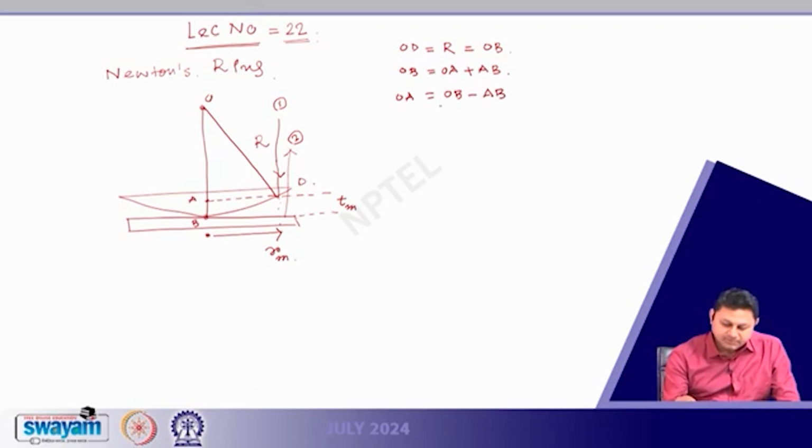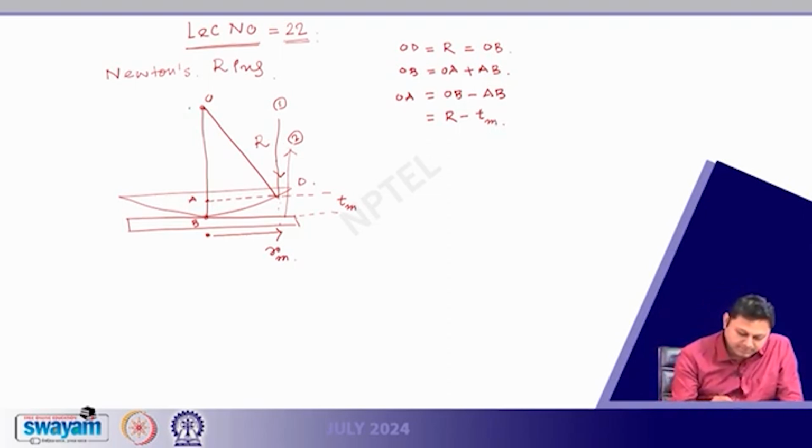From this picture, it is easy to show that OB is nothing but R and AB is nothing but Tm. So OA, this quantity, is simply R minus Tm.